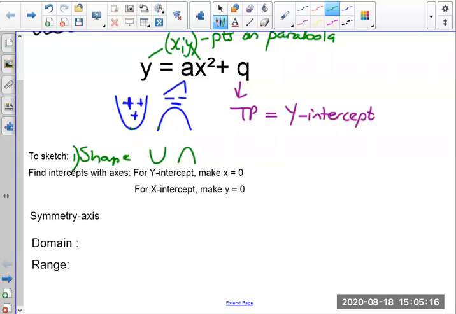Then you find the intercepts with the axis. So for the y-intercept, you make x 0. And for x-intercepts, there's usually 2. You make y 0 and you factorize.